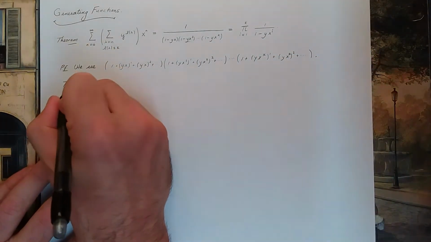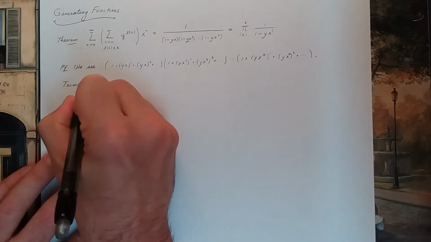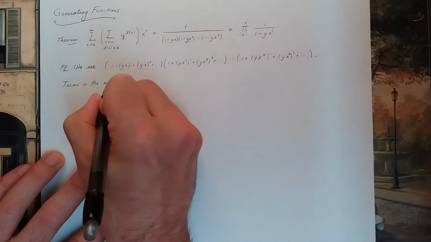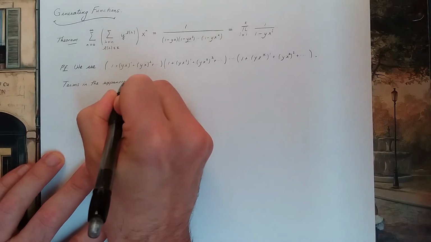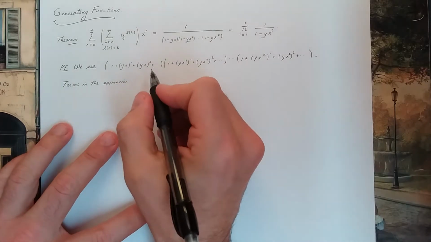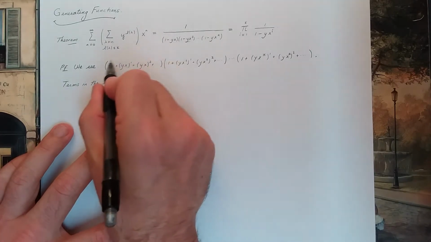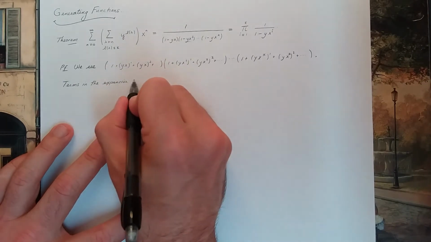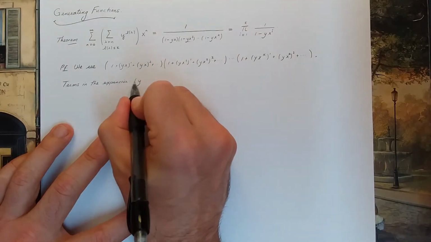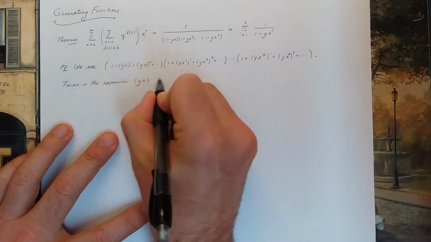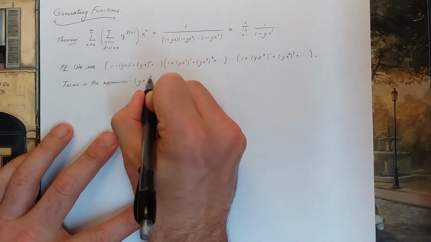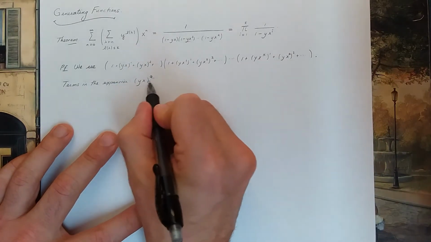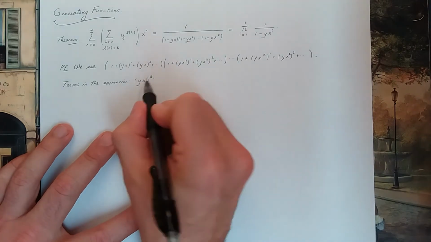So the terms in the expansion are, in this first parentheses, I get to select some power of yx. Let's say it's a1 of yx.